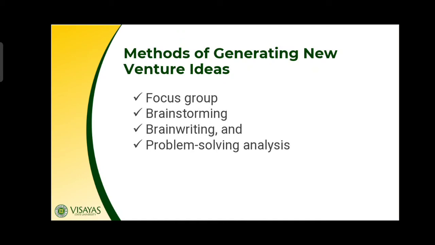By the way, the difference between focus group discussion and brainstorming: usually brainstorming is done to generate ideas, to solve a problem, while focus group discussion is done to improve an existing idea, or for the need to study an existing area or a solution or process. So those are the methods for generating new venture ideas.